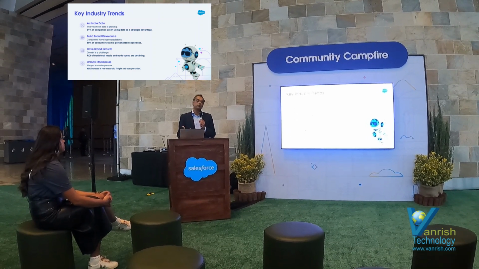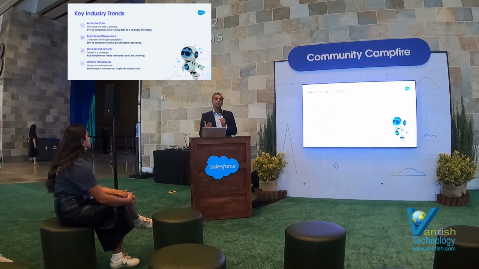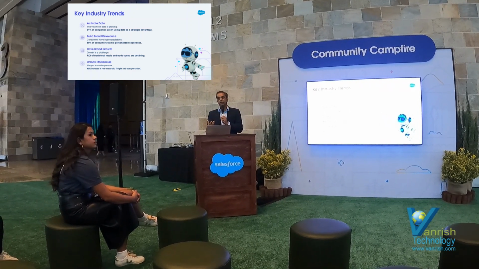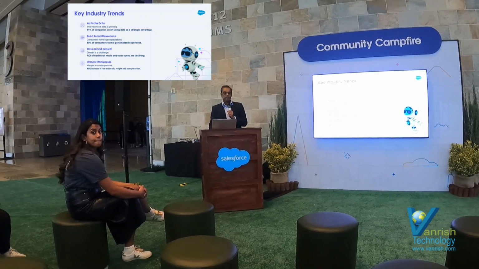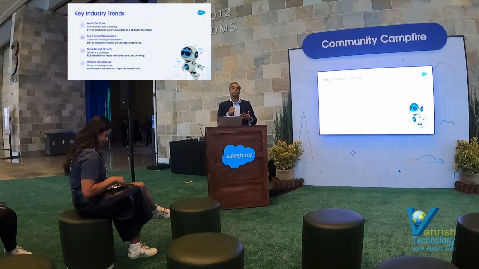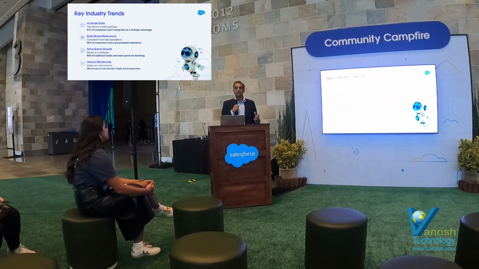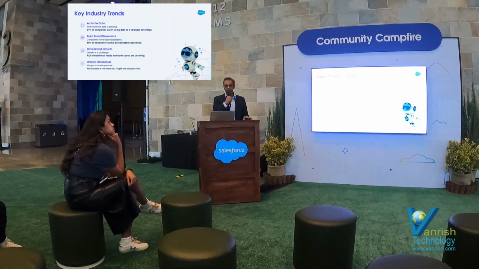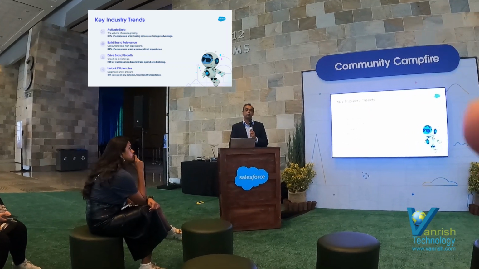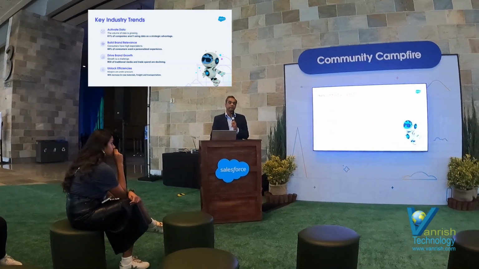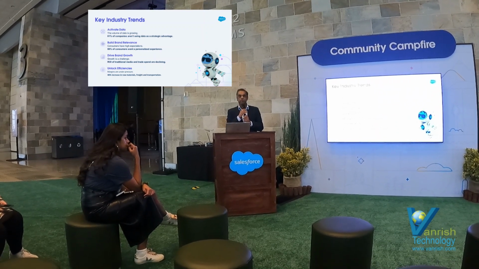Suppose they are working in the travel industry or the healthcare industry, they have to build their brand, and based on that brand, they make the data relevant. Third is drive brand growth: how they can enhance their brand based on the services and products they are providing. And the last one is unlock efficiencies: how to make their system more efficient. That is a very important and key challenge for any of our top leaders.